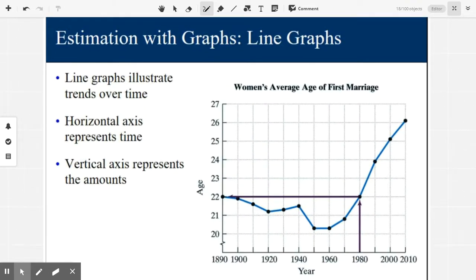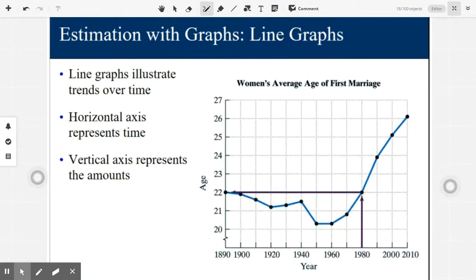All right, line graphs. All right. Here's a graph of a woman's average age of first marriage. All right. Line graphs illustrate trends over time. In this case, the horizontal axis right down here represents time. The vertical axis represents the amounts, in this case, the age.